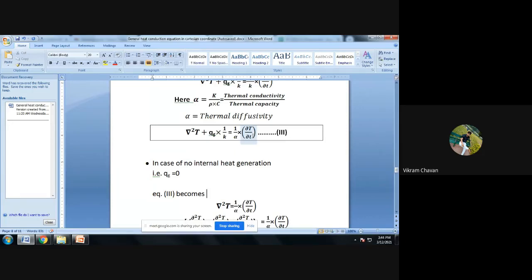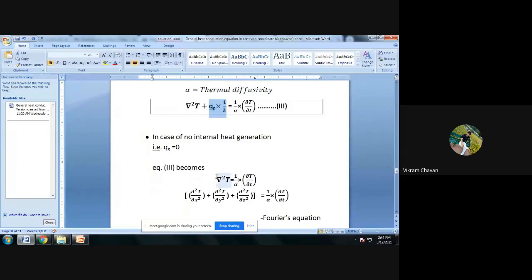When we introduce internal heat generation equal to 0, then Q suffix G will be equal to 0, and this second term of the equation becomes 0. So the equation reduces to del square T equals 1 upon alpha multiplied by dabba T divided by dabba small t.